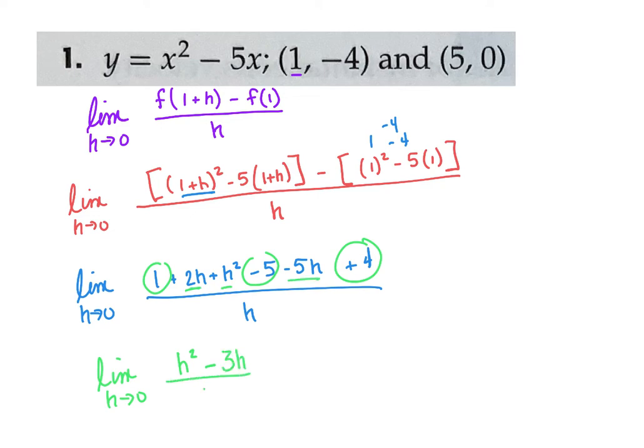All over h. Right? Yes. All right. So, what can I do? Take out an h. So I have the limit as h approaches 0 of h minus 3. I no longer have a problem. So what is my limit? Negative 3.